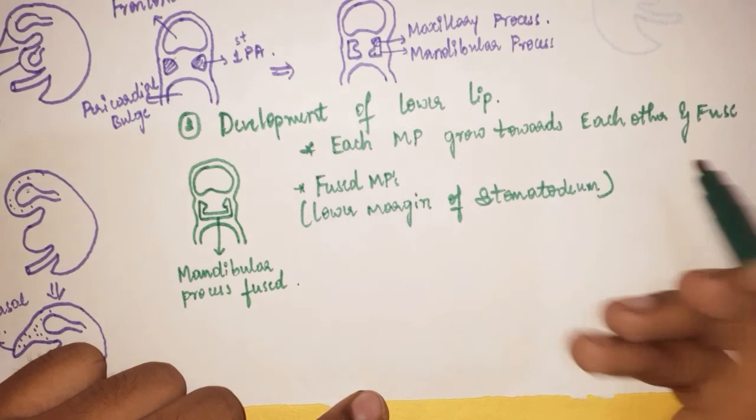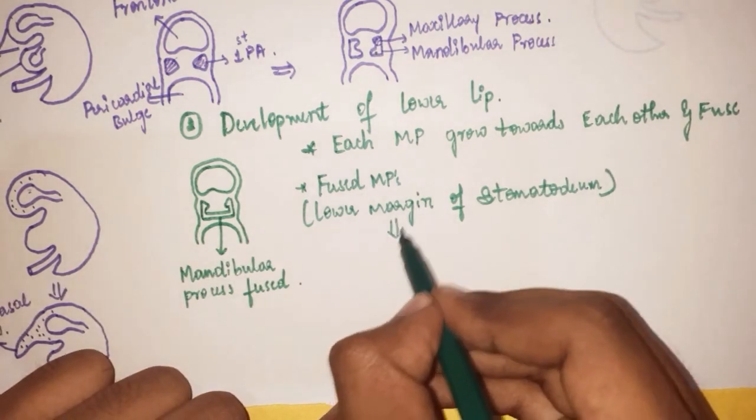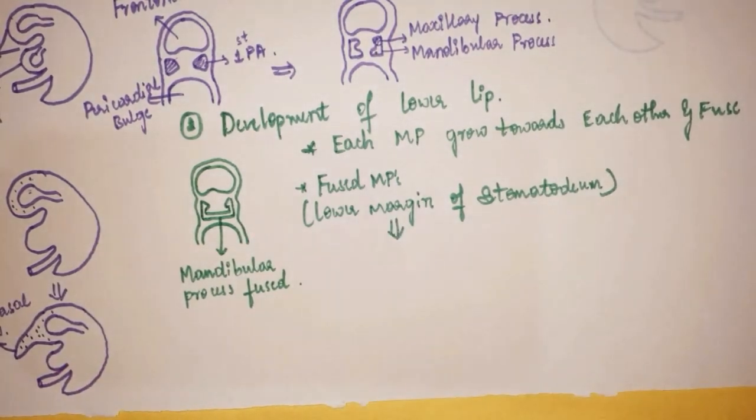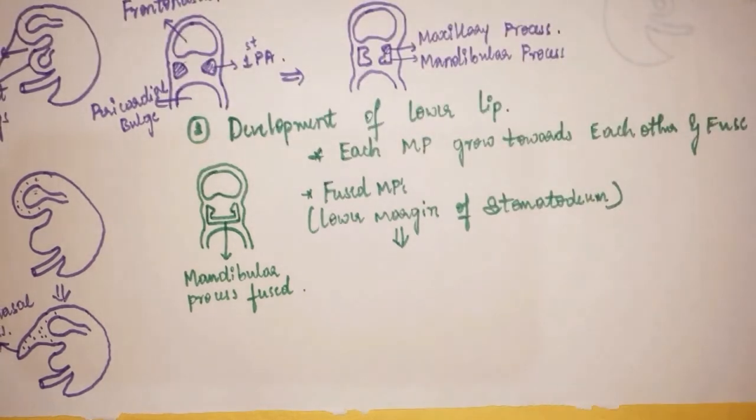The stomatodium is the primitive mouth. In the fully developed fetus, this lower margin, the fused mandibular processes, forms the lower jaw and lower lip.